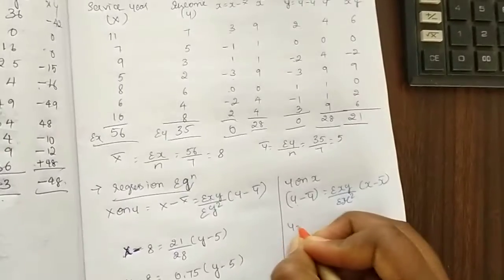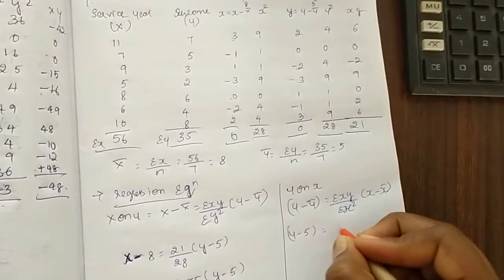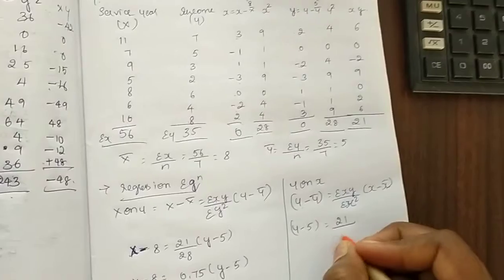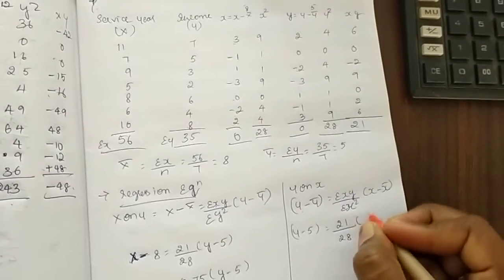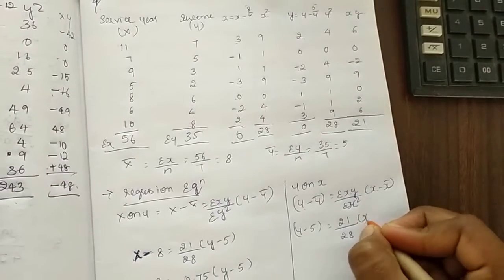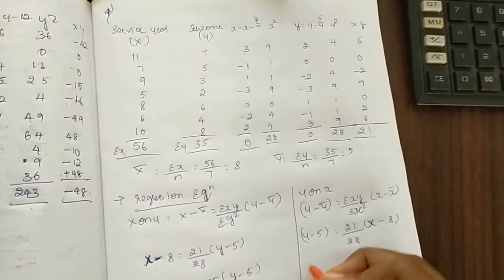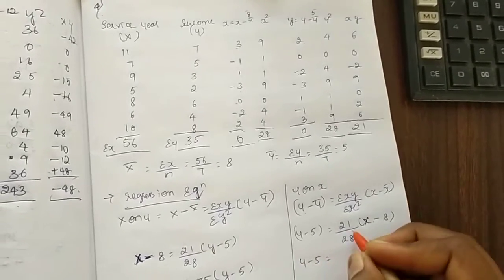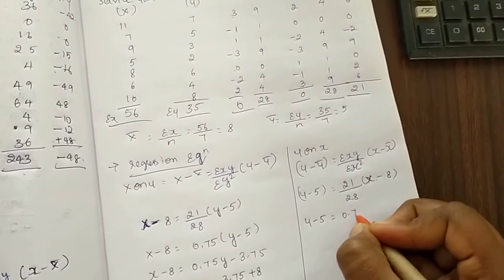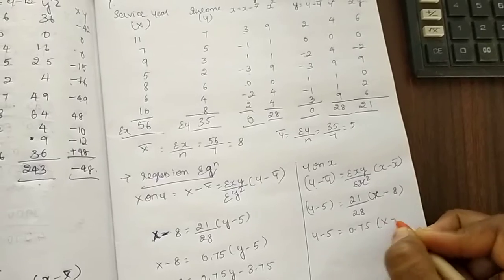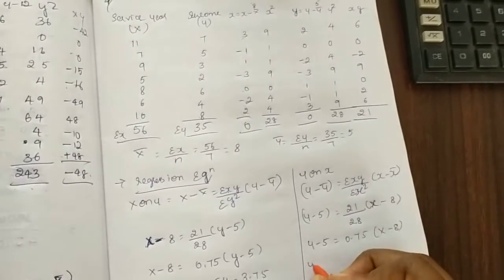Same thing we have to do for Y. Y minus 5 is equal to sigma xy 21 divided by sigma x square 28 into X minus X bar, 8. Y minus 5 is equal to 21 divided by 28, already we got 0.75, into X minus 8. So we have to multiply this.